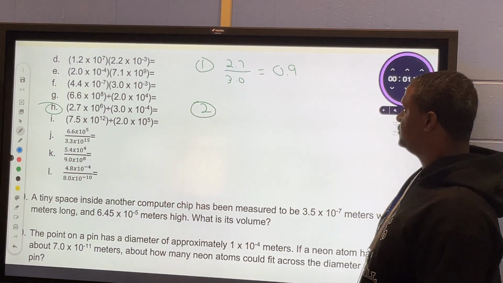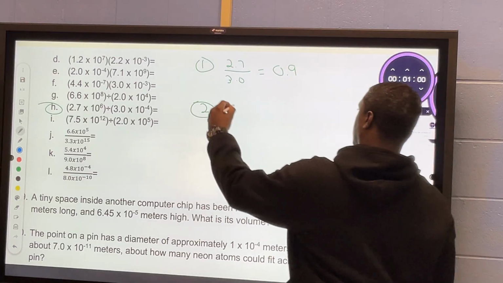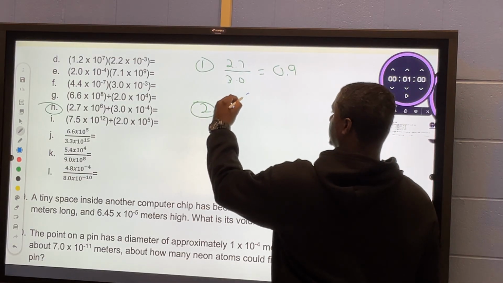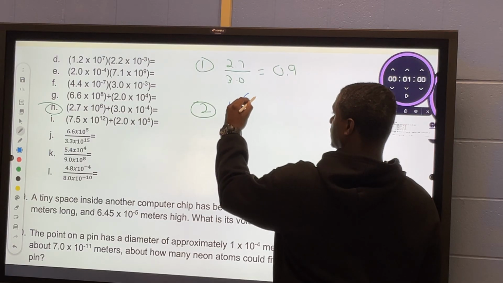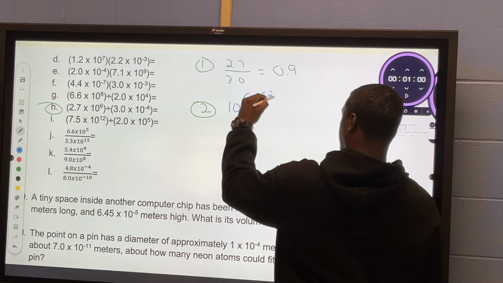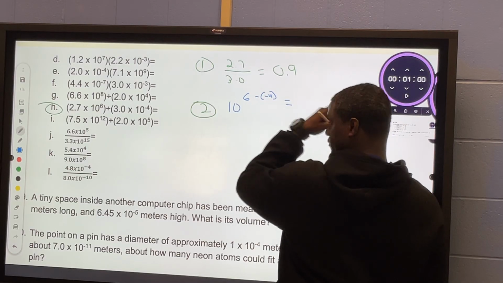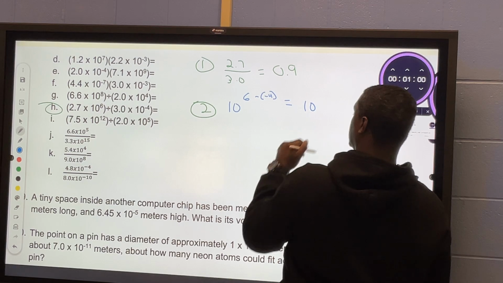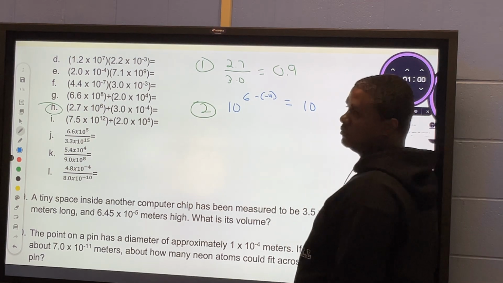Alright, what's the next step? Subtract the exponents. What was the first one? 10 to the 6, minus negative 4. Right? 6 minus negative 4.